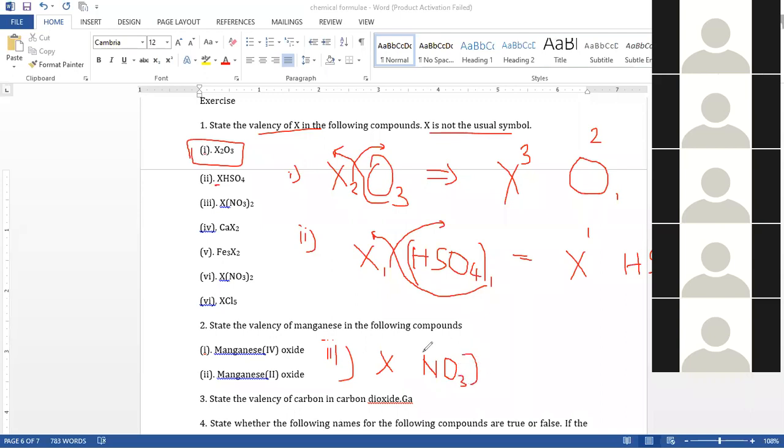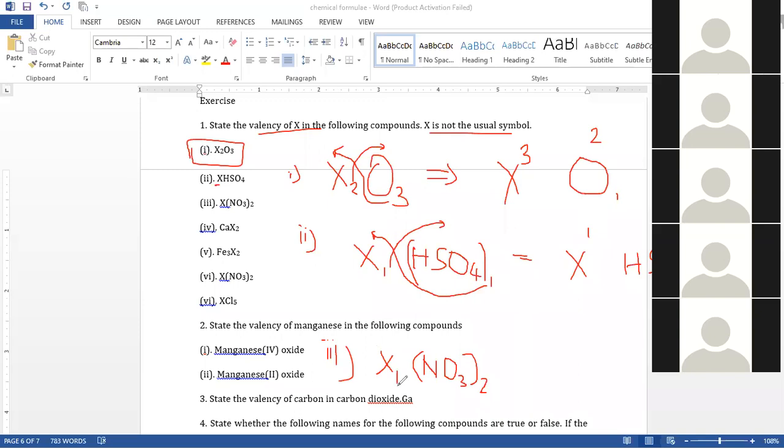We have a 2 outside nitrates. Since we are not seeing any number as a subscript for X, that means the subscript is 1, because we remember we don't write 1s in chemistry.